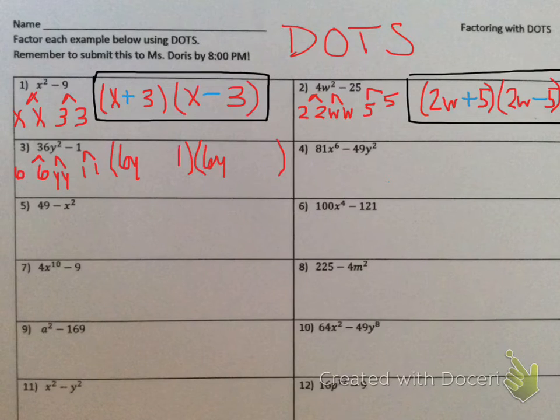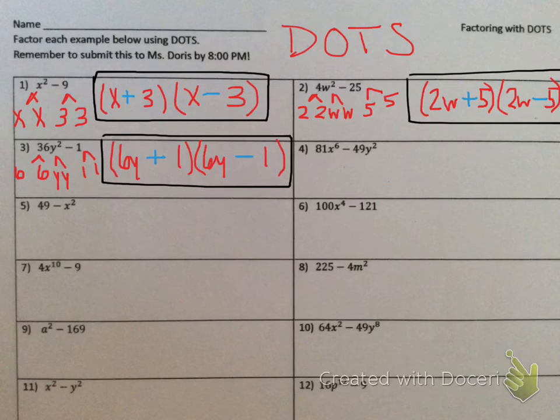And then in the last spot of each of them is going to be the number 1. And then just my last ones, one of them gets a plus sign, the other gets a minus sign. It doesn't really matter. You could put the minus first and the plus second, but I usually like to just keep it in that order. 6y plus 1, 6y minus 1.